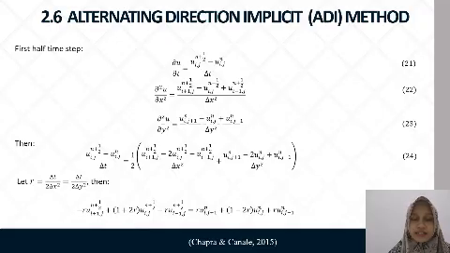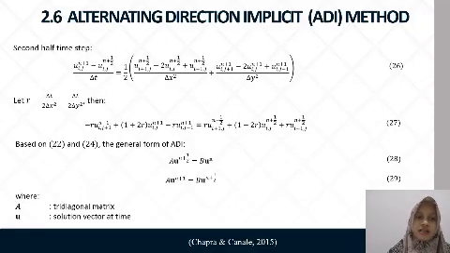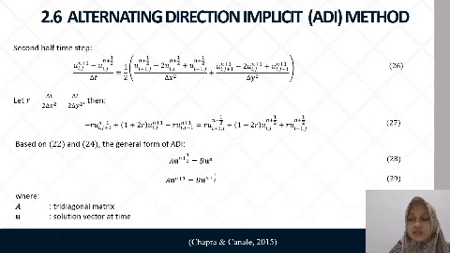As in the slide, we can see that from equation 24 we get equation 25. In the same way, for the second half time step we can see equation 26 and we get equation 27. Based on equations 22 and 24, the general form of ADI can be seen in equations 28 and 29.